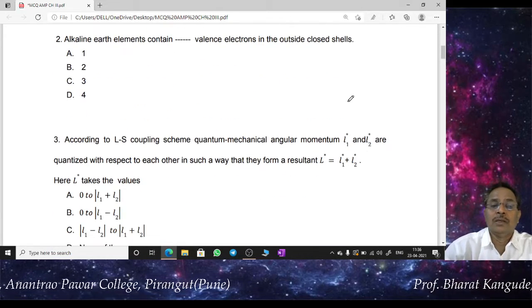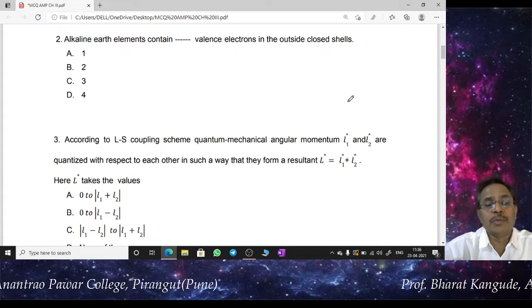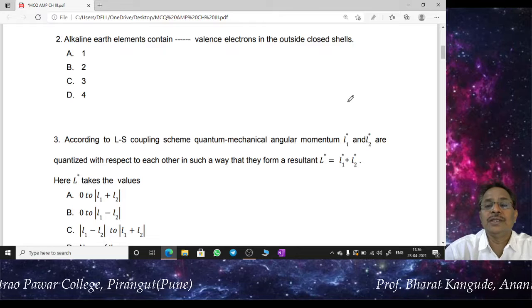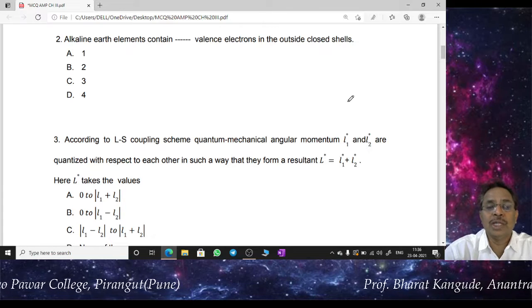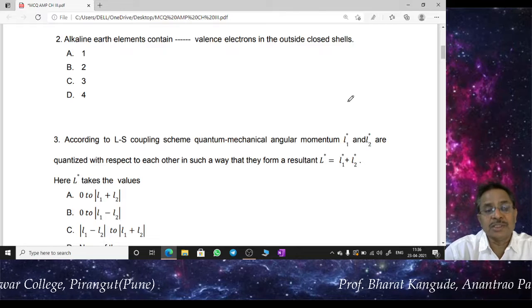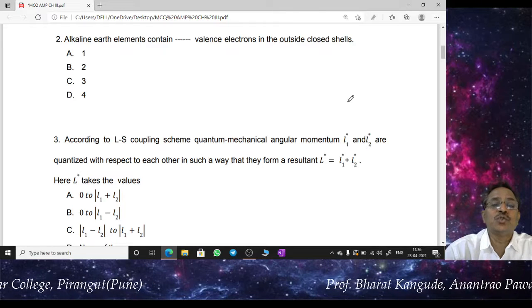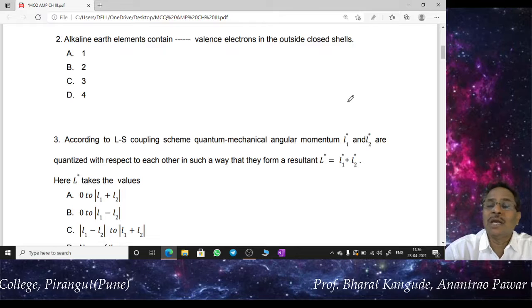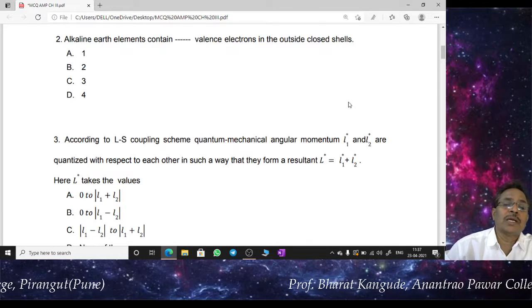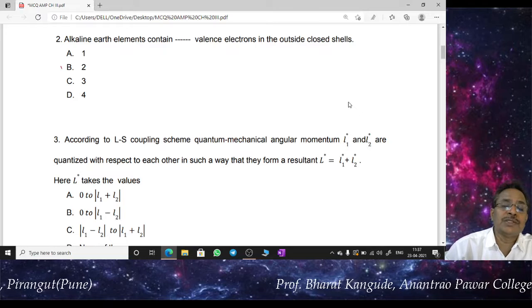Now again a very simple and common question: an alkaline earth element contains how many valence electrons in the outside closed shell. As we have seen, when it is 1, it is a one valence electron system, and when it is 2, it is a two valence electron system. Options 3 and 4 are not at all applicable, and therefore the correct option of question number 2 is 2.